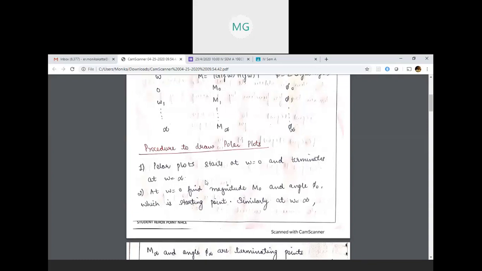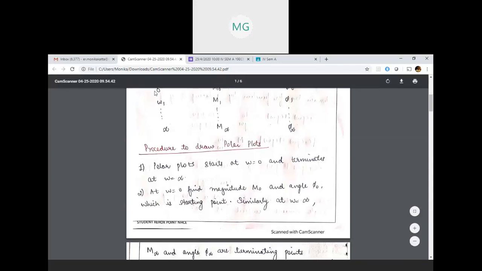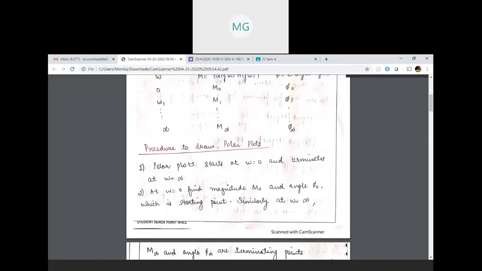Yes, ma'am. Okay. That means if in this table you draw only these two rows, then also you can find the starting and terminating point of your polar plot, because your polar plot starts at ω = 0 and terminates at ω = infinity.